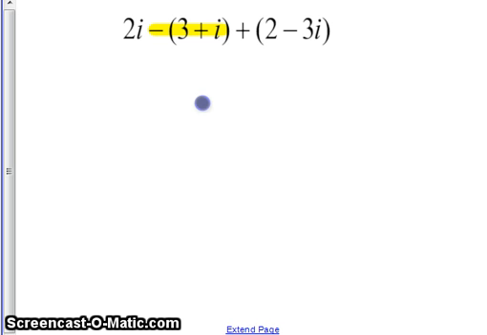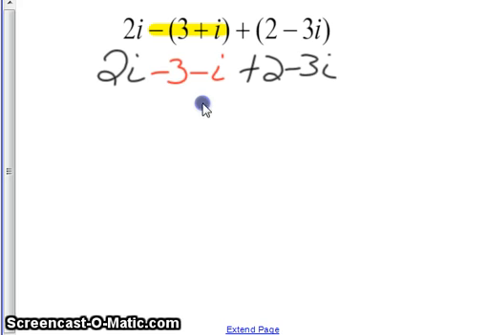Are we ready? All right, so this one comes down, and then I'm going to combine like terms. Now, complex numbers in standard form always have the term that does not have the i first.